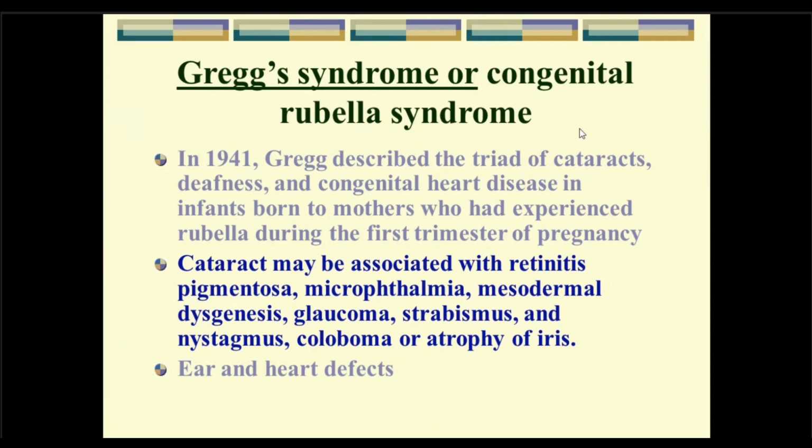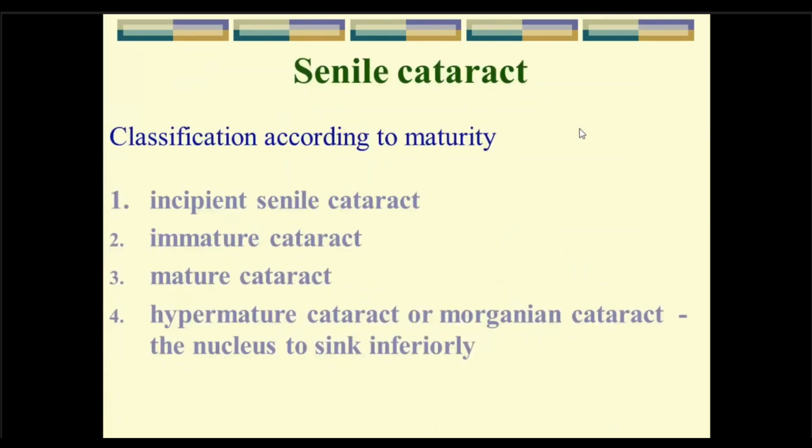Weill-Marchesani syndrome, in which the patient can also have cataract, but this syndrome is also characterized by brachymorphic build with short stature and stubby hands with stiff joints.